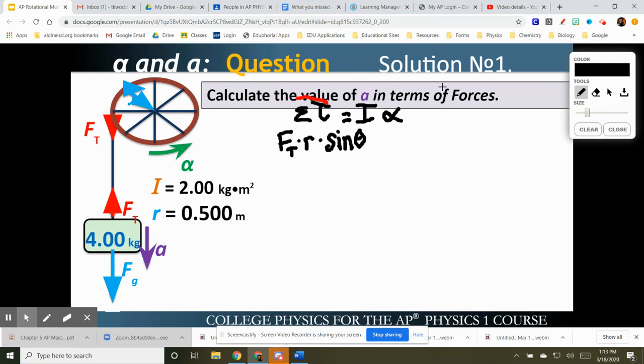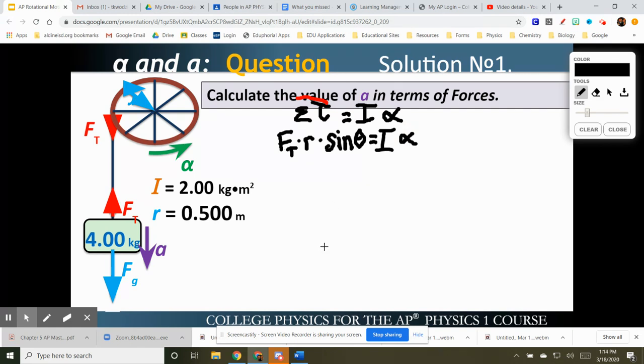Okay, so let's go ahead and go to the right-hand side. I don't think there's actually anything we can derive on the right-hand side because we're already given I. So we're going to just say I and then angular acceleration.